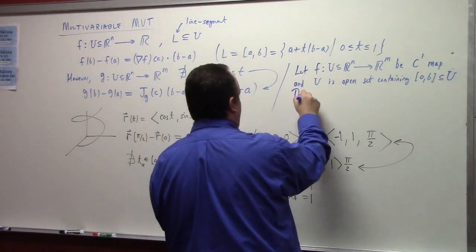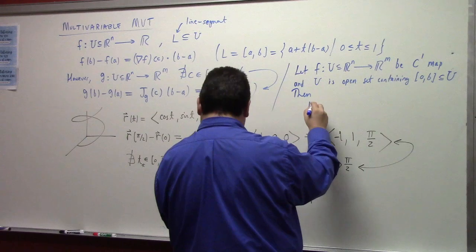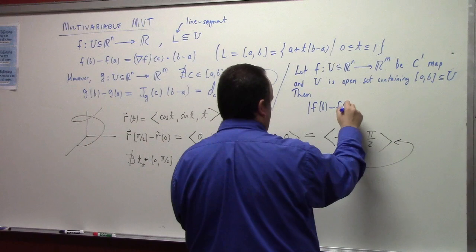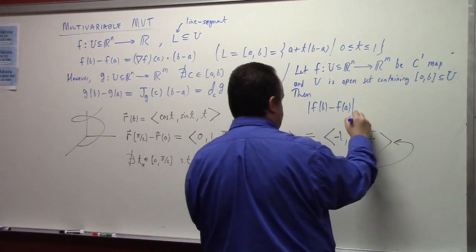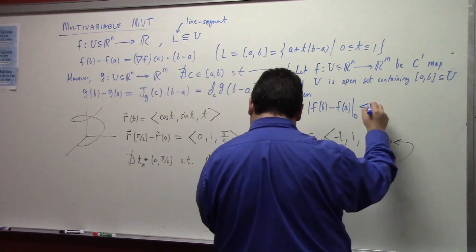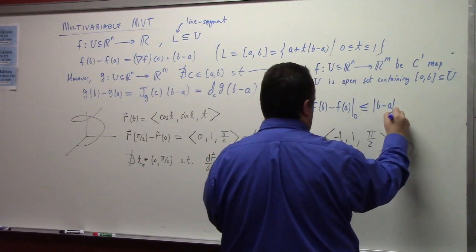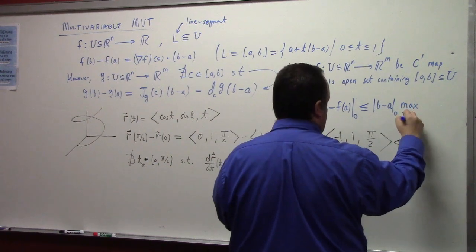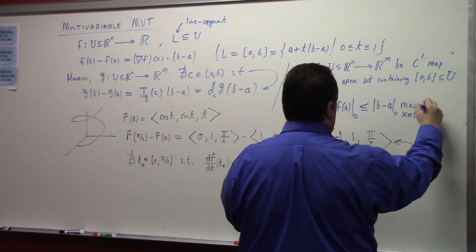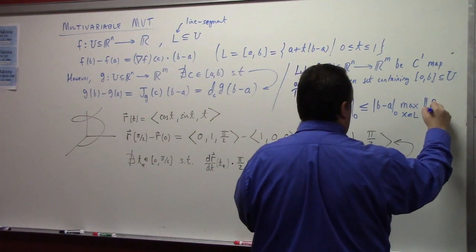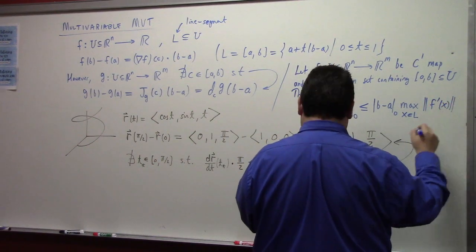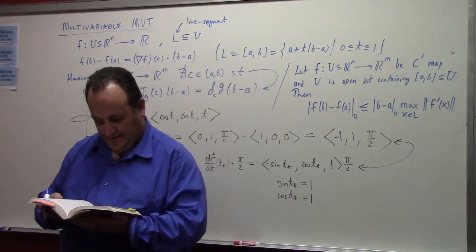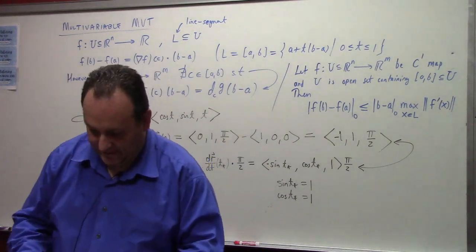Then, check this out. The norm of F of B minus F of A is less than or equal to the norm of B minus A times the max over X an element of the line segment of the norm of F prime of X. And here this interval is a line segment in Rn with endpoints A and B, the same thing I have up there.